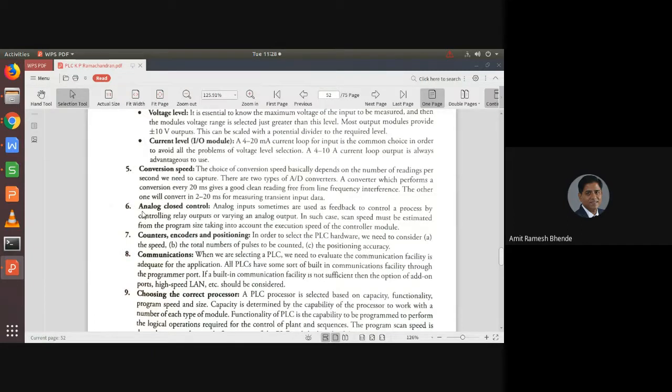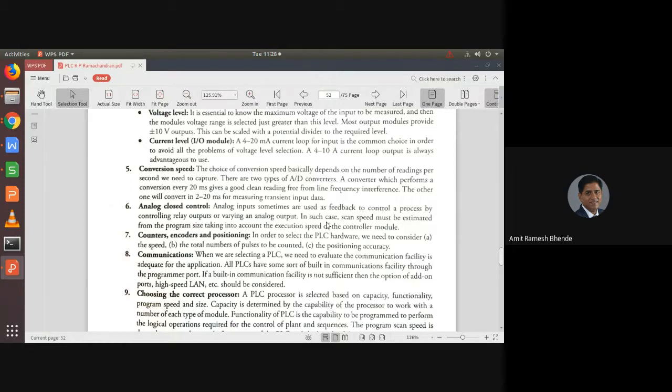Then sixth point is analog closed control. So analog inputs sometimes are used as feedback to control a process by controlling relay outputs or varying an analog output. So in such a case, scan speed must be estimated from the program size. Now, while developing ladder programming for PLCs, particularly for the timers and the counters, we come across the relay switches.